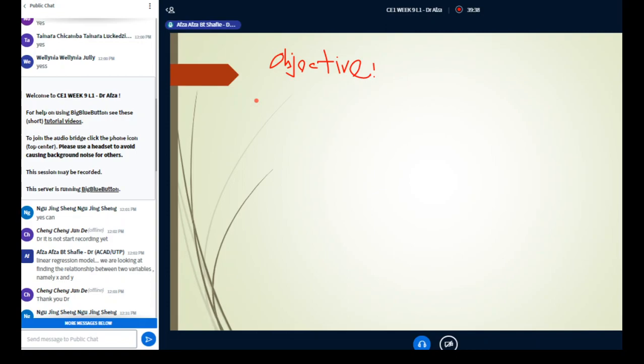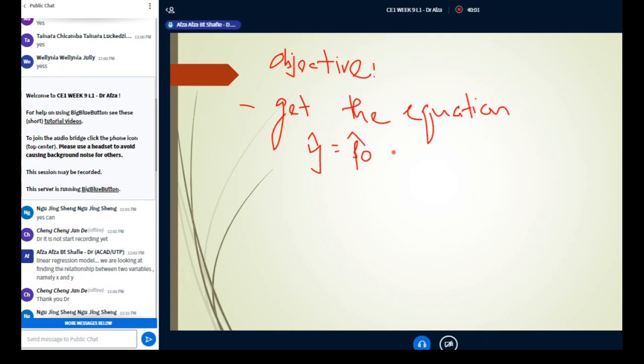Number one, get the equation. So once you got the equation just now, your y hat equals to beta naught plus beta 1 x, x1 or xi, whichever. So the question now is, after we get this equation, what do we do?